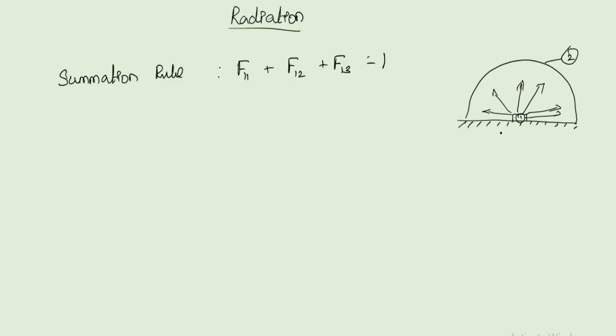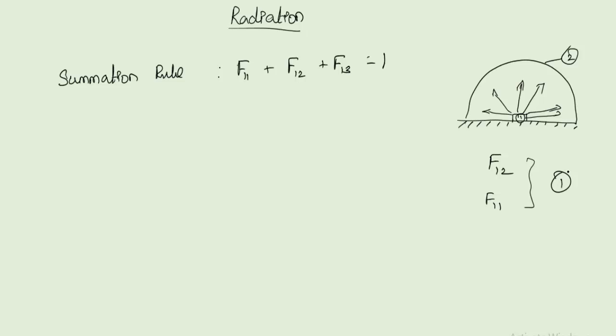So now the energy leaving from the surface 1 and received by the surface 2 is known as F12. Similarly, the energy leaving from the surface 1 and received by the surface 1 is F11. Now F11 plus F12 becomes 1. That is 100% of the energy.